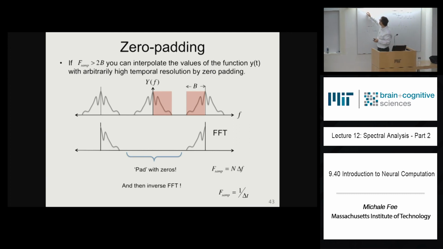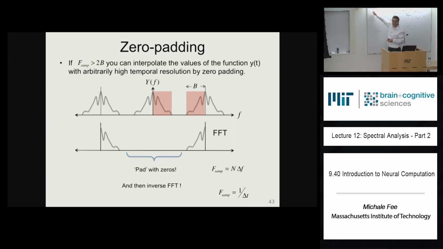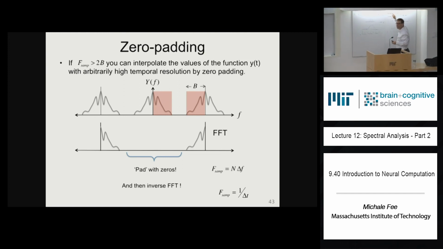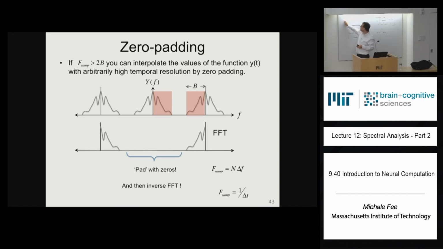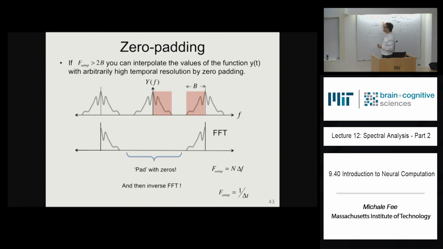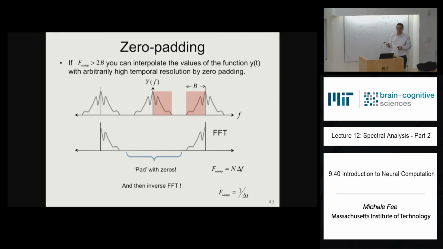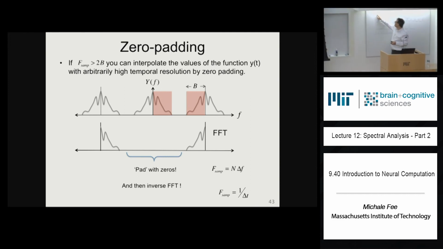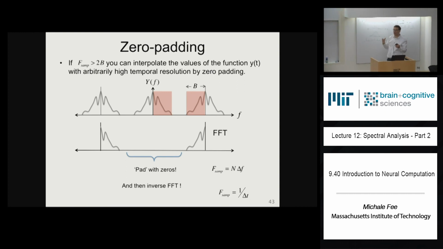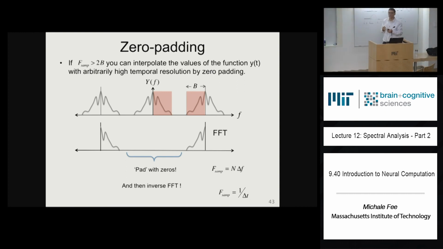Okay, so you can see that if I have a sine wave that is close in frequency to the sampling rate, when I sample the signal, I'm going to see something at the wrong frequency, right? That's an example of aliasing, okay?